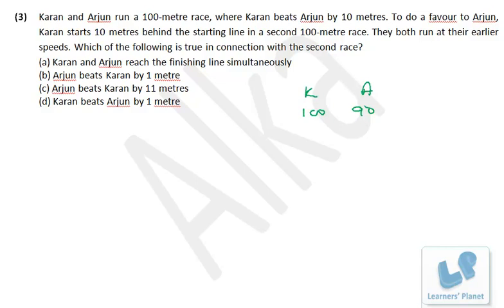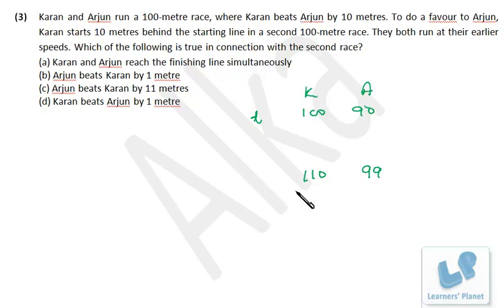Now for the second case, Karan starts 10 meters behind the starting line. That means Karan is running for 110 meters, and in the same time when Karan is running for 100 meters, Arjun is running for 90 meters. So when Karan is running for 110 meters, Arjun will be running 99 meters, right? So for the second case, the difference is 1 meter, because the length of the race is 100 meters.